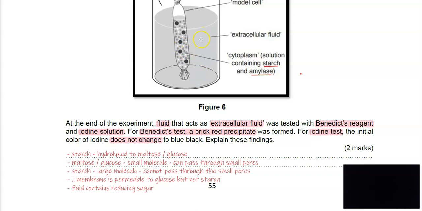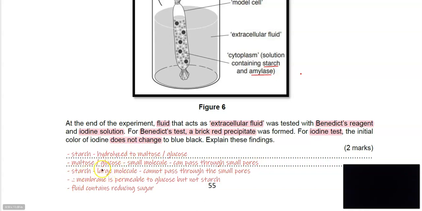When you take the extracellular fluid, mix it with Benedict reagent and heat the solution up, it causes the Benedict solution to change color. This indicates that the extracellular fluid contains reducing sugar, either maltose or glucose. Maltose and glucose can pass through the small pores due to their small size.